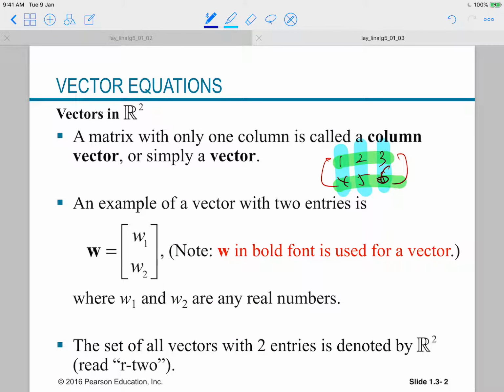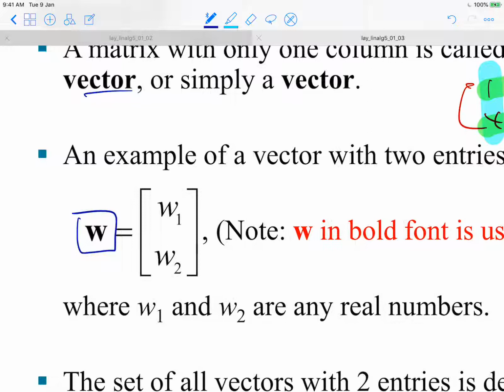So we handle this column vector, and suppose it is called w, and w is, in this example, a two-dimensional vector, right? And in terms of the notation, we see a boldface letter here, right?